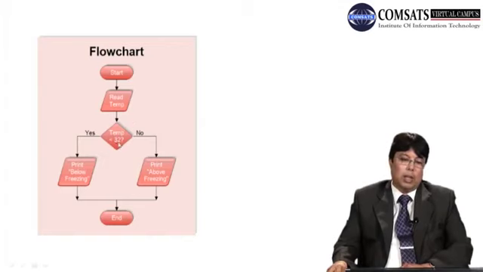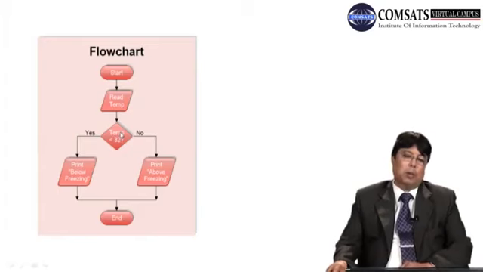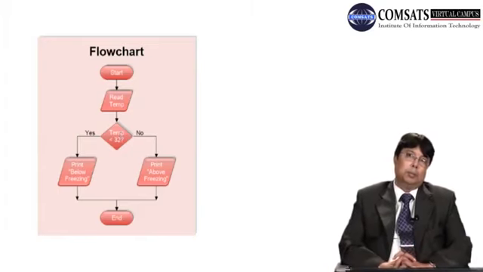Okay, next is our decision box. You can see this decision box, you are using three sides. One is in and two are out. Flow comes here. After reading the temperature from the keyboard, now you test the temperature. Simple.